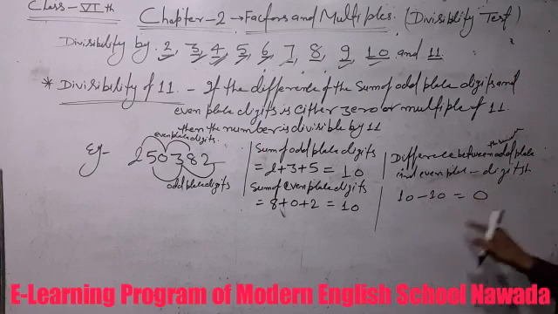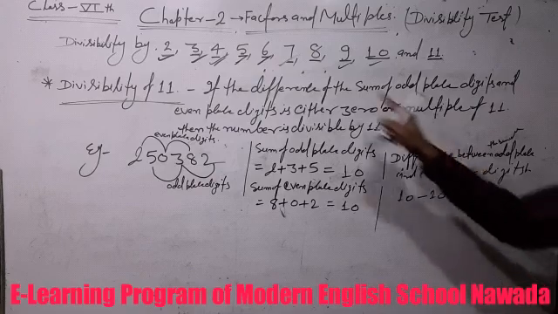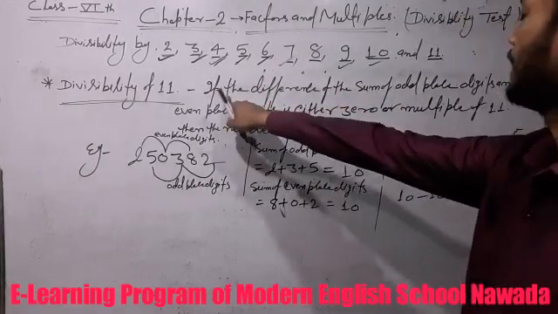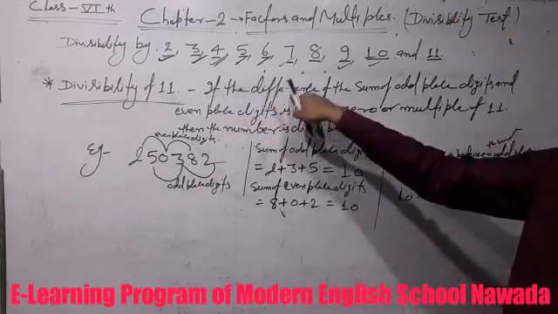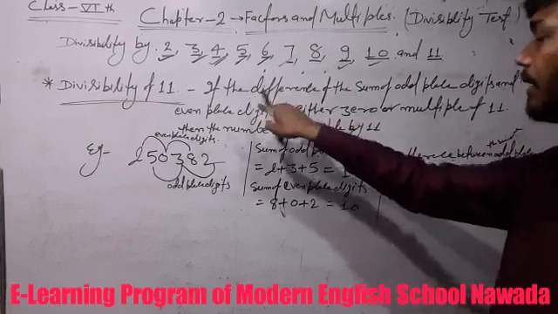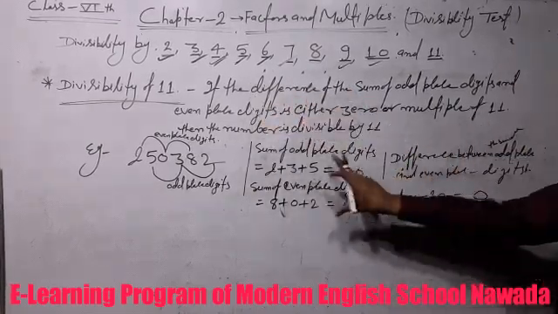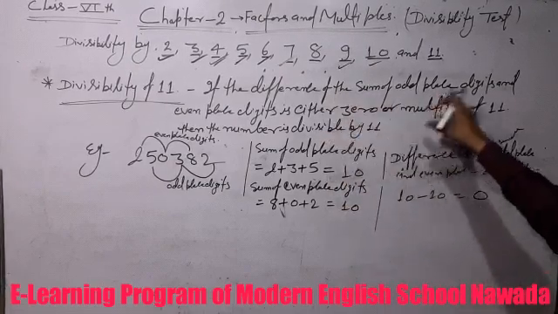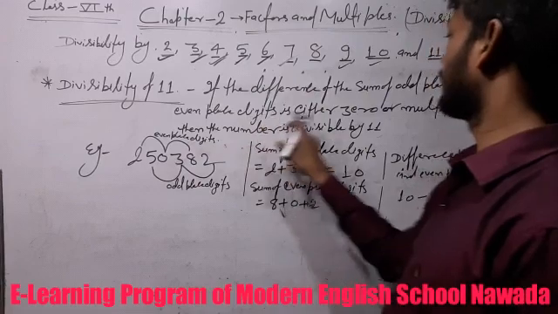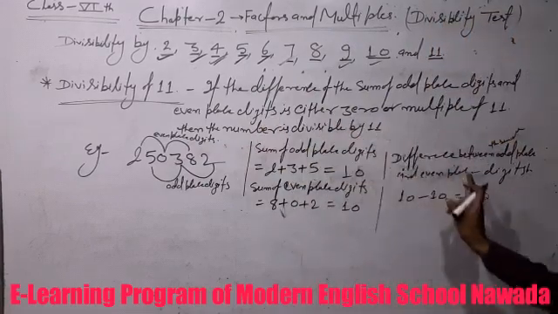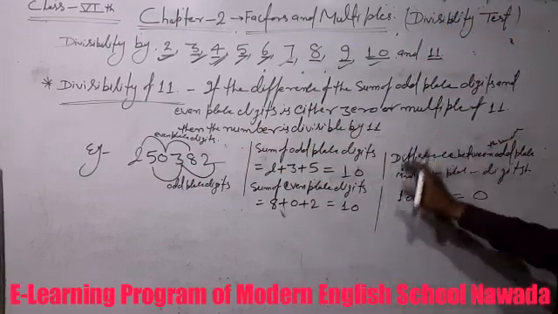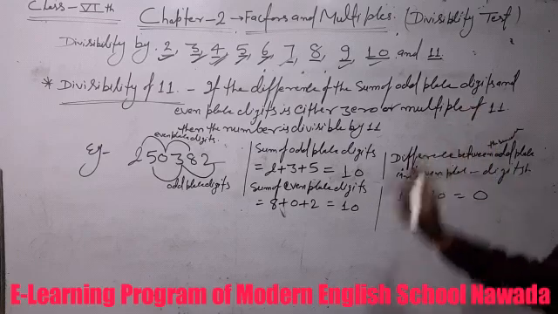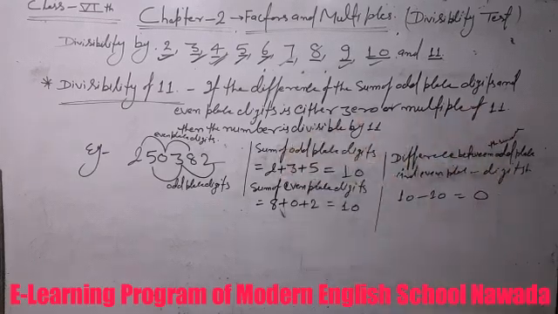Here the difference is 0. In the rule it is given, if the difference of the sum of odd place digits and even place digits is either 0, here the difference is 0. Hence the number is divisible by 11.